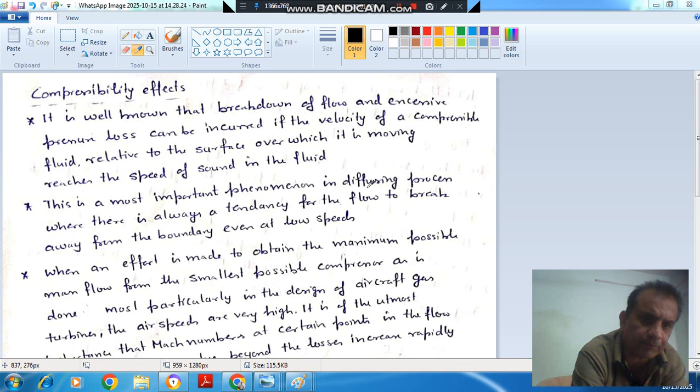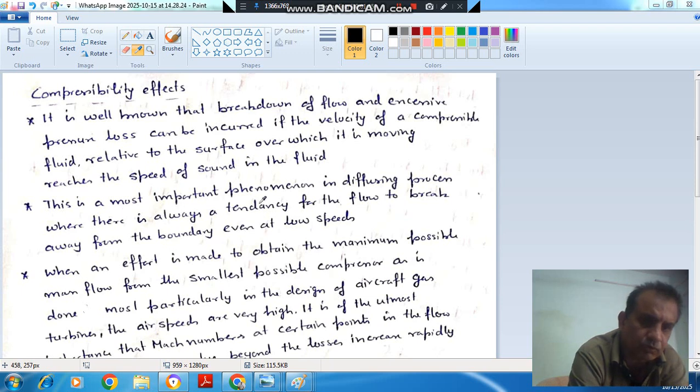The main points in this topic are: first, it is well known that breakdown of flow and excessive pressure loss can occur if the velocity of a compressible fluid relative to the surface over which it is moving reaches the speed of sound in the fluid, because then the Mach number will reach 1 or more than 1, and there is a possibility of shock.